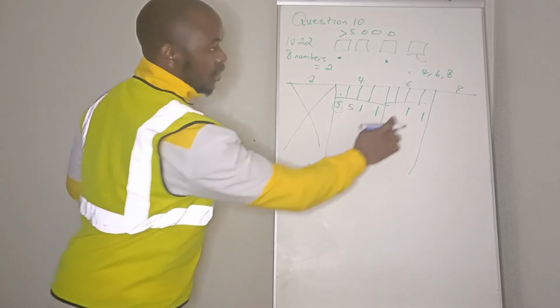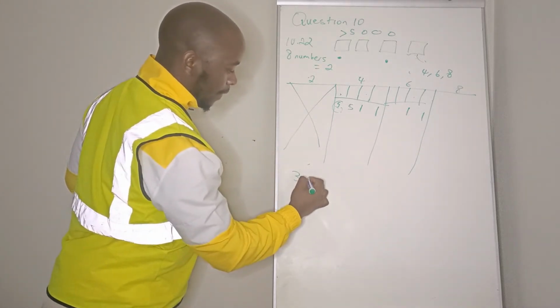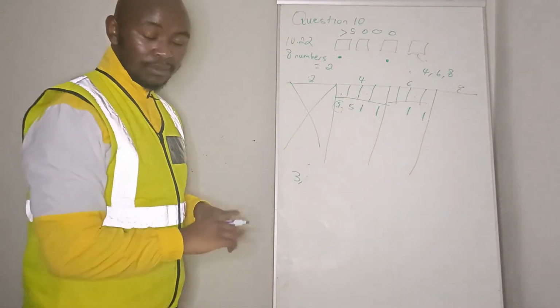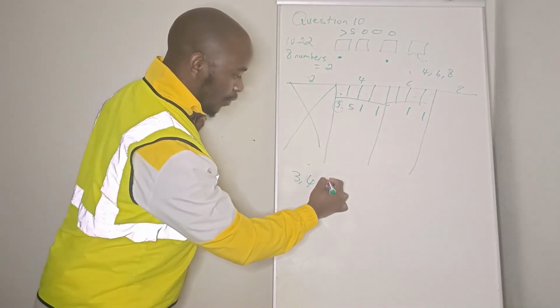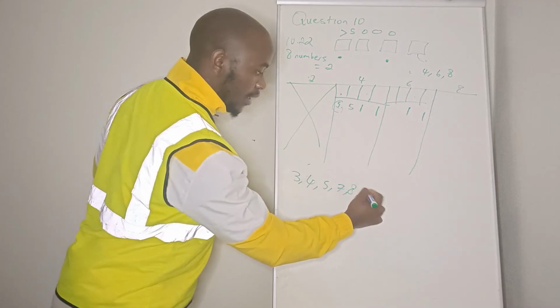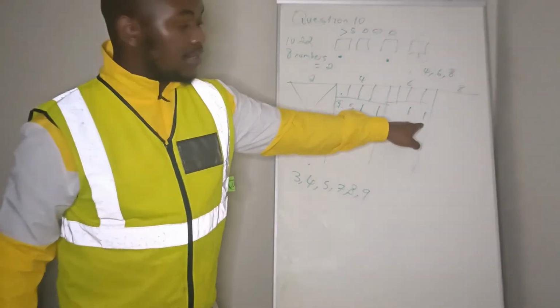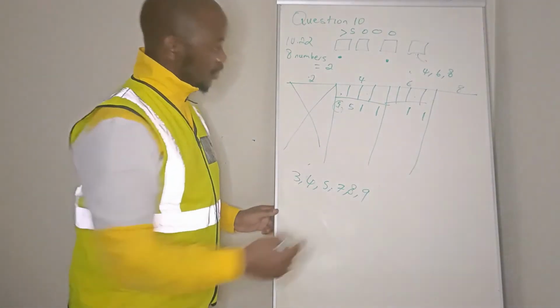So I said to you, after choosing in here, we can only now have 3. So opposite from what we had before, we can now choose from 3, 4, 5, 7. We skip 6, 8, and 9. So we cannot choose 6 because we have chosen 6 as the end block. We cannot repeat 6.